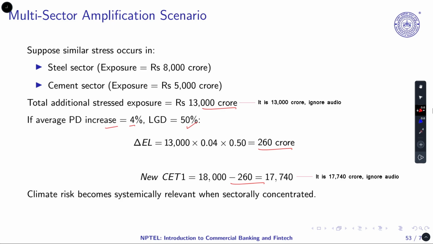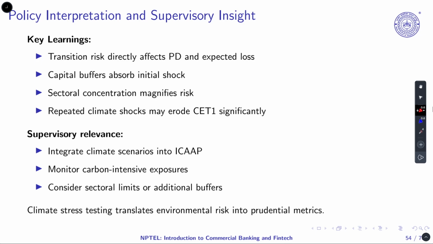So climate risk becomes systemically relevant when it is sectorally concentrated, and this is where we see how things change due to climate related events. Now, when I say an increase in PD, it means that the bank is doing the analysis internally, as we discussed through logistic regression.